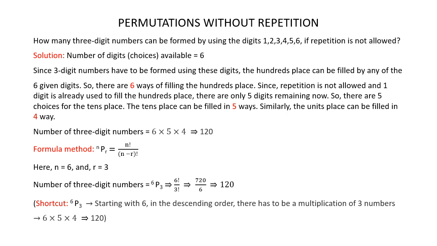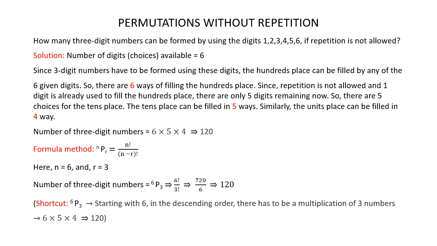Here, since 6 digits are given, n is equal to 6. r is the number of objects to be taken at a time. Now, since 3-digit numbers have to be formed, 3 digits have to be taken at a time. So r is equal to 3. So here n is equal to 6 and r is equal to 3.